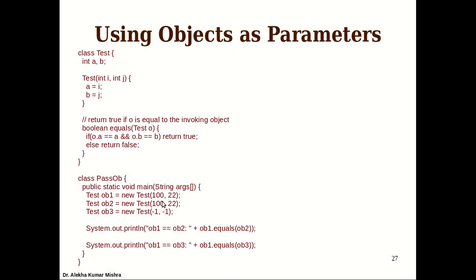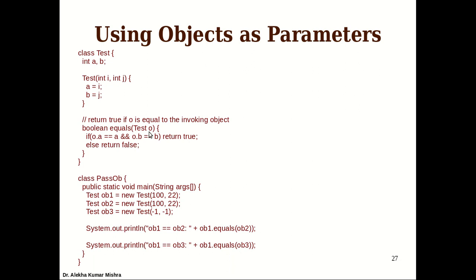Now objects can also be used as a parameter. Whenever we need to pass an object, it can be passed, and it will be treated just like we treat an object inside the main function, outside a function. You can see in this example, in the class Test, the equal function, which returns a boolean type, accepts one object of the same class type; the object name is O. Here object O is passed as an argument, so it is treated as an outside object.